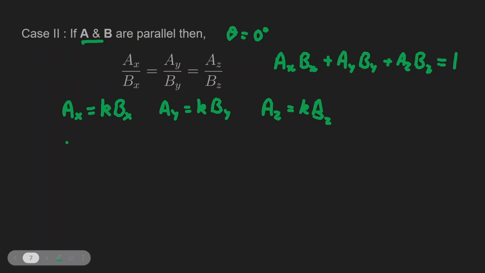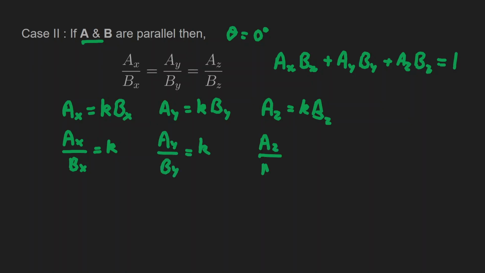So ax divided by bx is equal to K, ay divided by by is equal to K, and az divided by bz is equal to K. All these terms are equal to a scalar constant K. So I can write ax by bx is equal to ay by by is equal to az by bz.